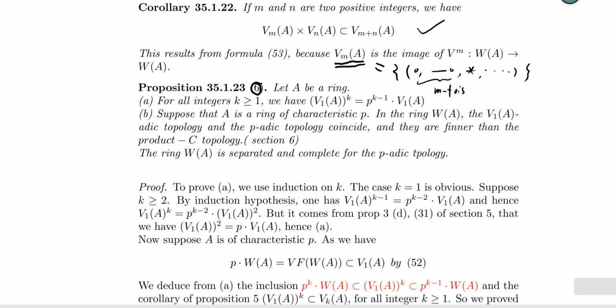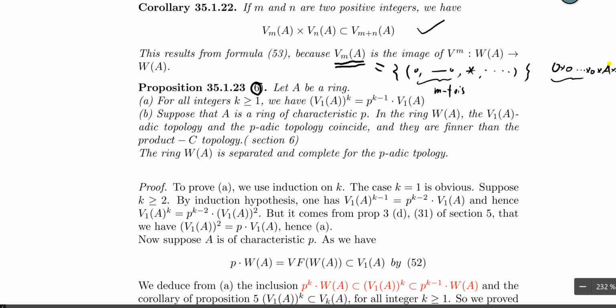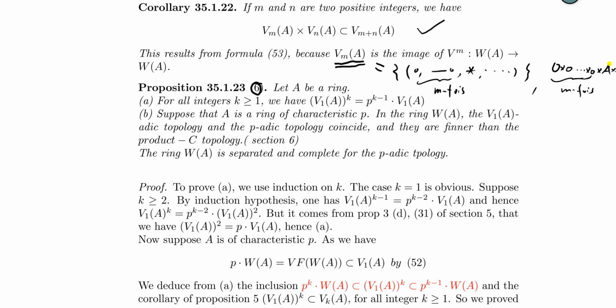As a set it should be 0 product 0 product A, as a set it should look like this, right? So V1 is just WA.